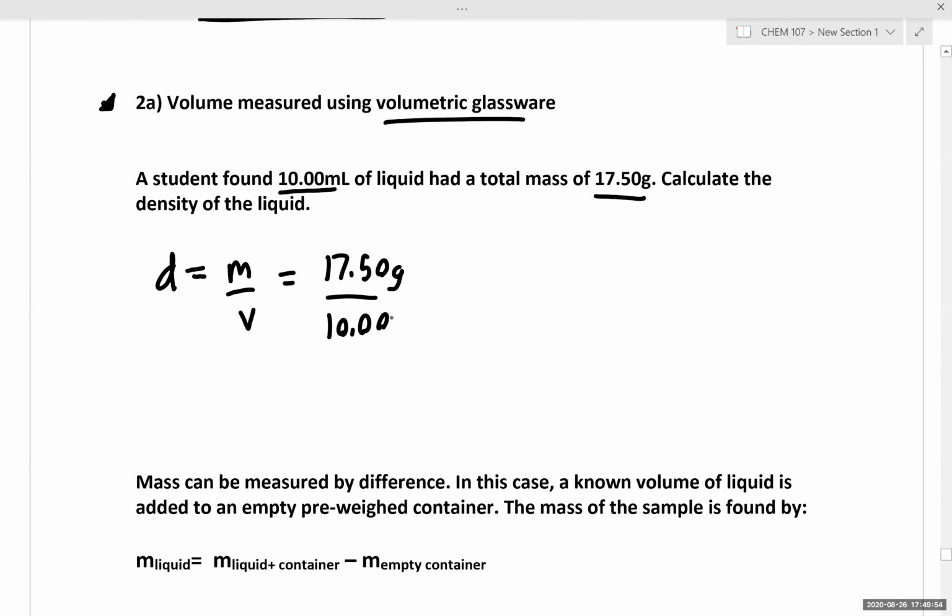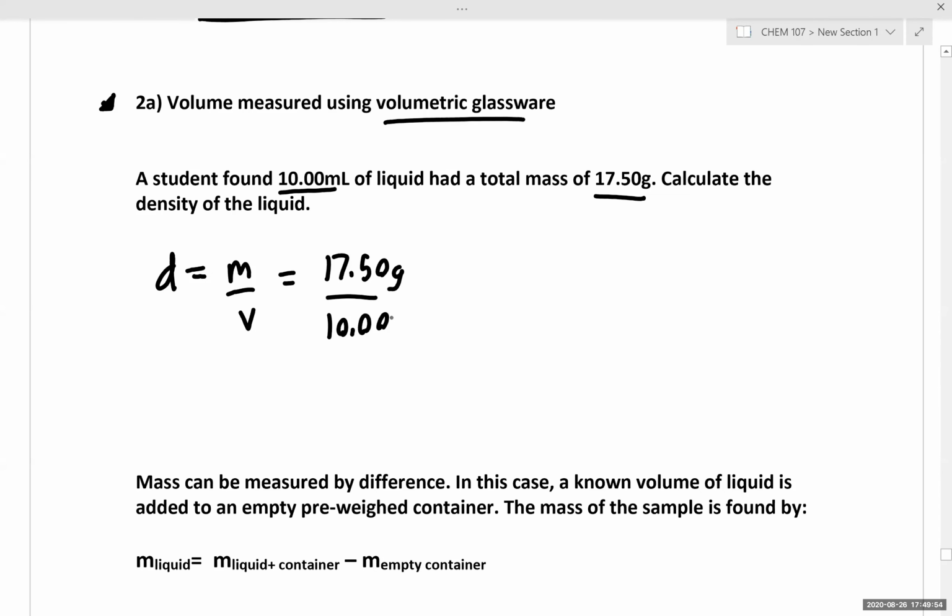Now, if we take an object that has a volume that we'll call V object, and we drop it into our graduated cylinder or beaker or other piece of volumetric glassware, the water level will rise accordingly. So now that we have our object immersed in the water, the level will increase based on the volume of our object.